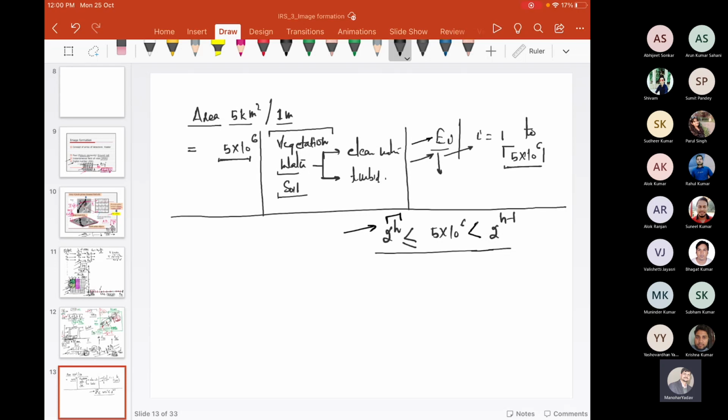When we consider the remote sensing application perspective, what we actually want is to classify the vegetation class, water body, and soil.